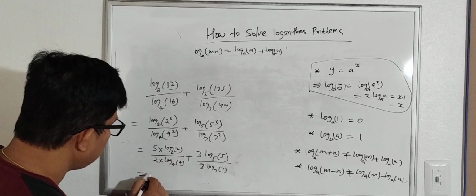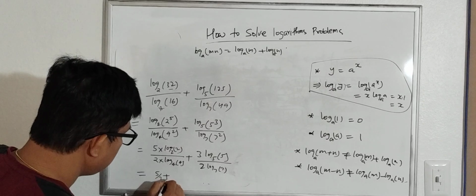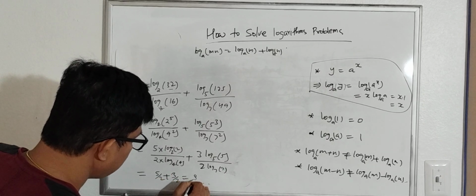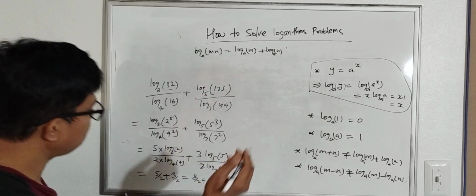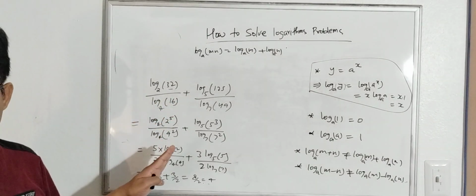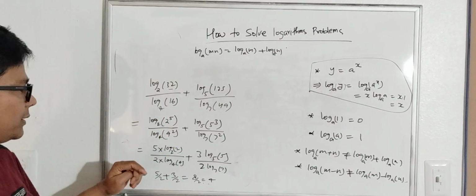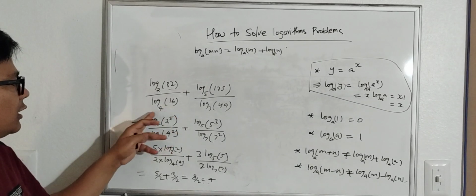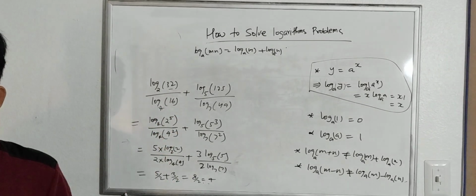All of these are 1. So I can say 5 by 2 plus 3 by 2, which is 8 by 2, which is 4. So simple. When you have different bases, don't get confused or think, I cannot solve it. Just convert the number into the form of the base.